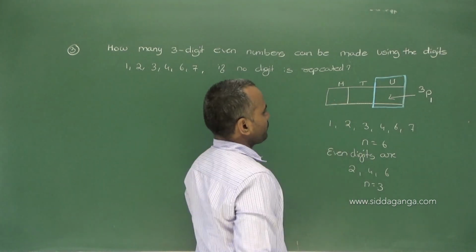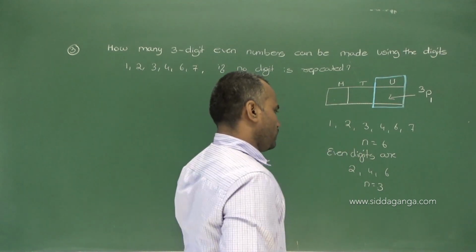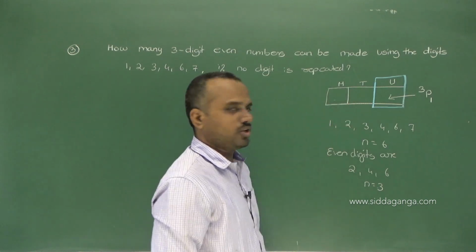For the remaining two boxes, repetition of the digit is not allowed.